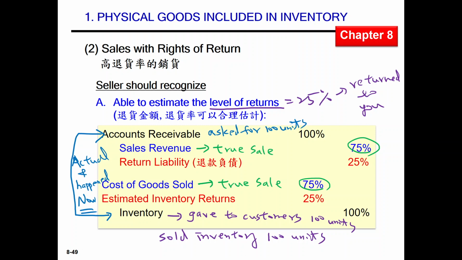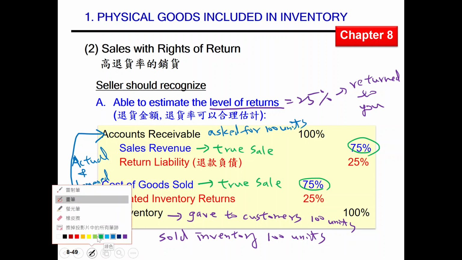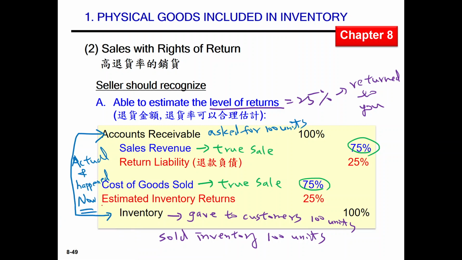So this account means your inventory will be increased in the future, when customers return the 25% of product back to you.